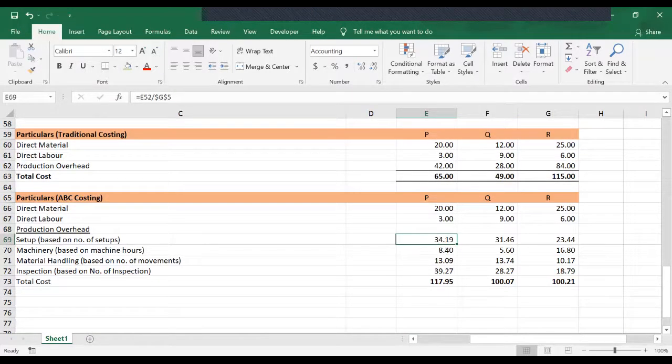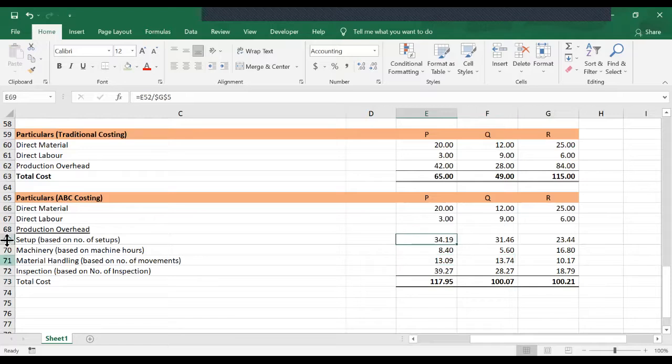If you calculate all these costs and then the total cost, 23 rupees is the direct cost, and then these are the production overhead, 94 point something.